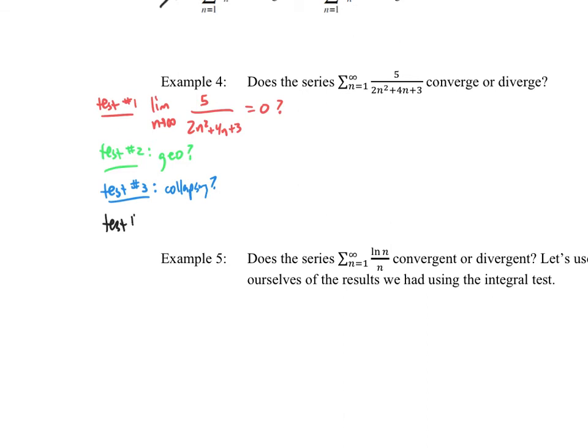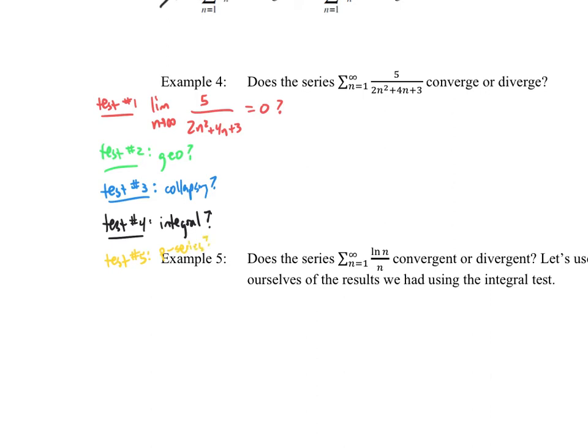Test number 4 is the integral test. And so the question is, do you want to try to anti-derive that? I don't think so. That would be kind of painful. I don't think a u-substitution would work or anything like that. Let's do test number 5, the p-series test.